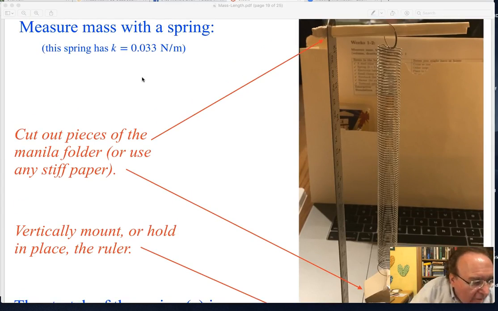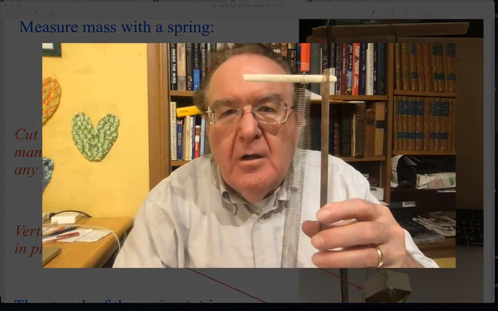Let me see if I can do this here. So here is the 1 foot ruler.